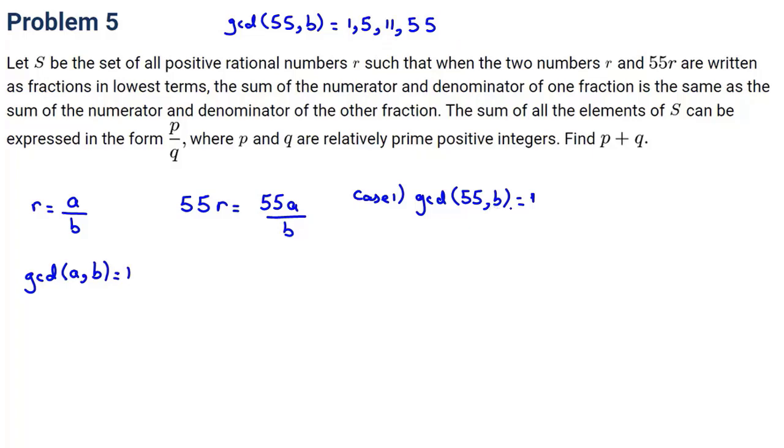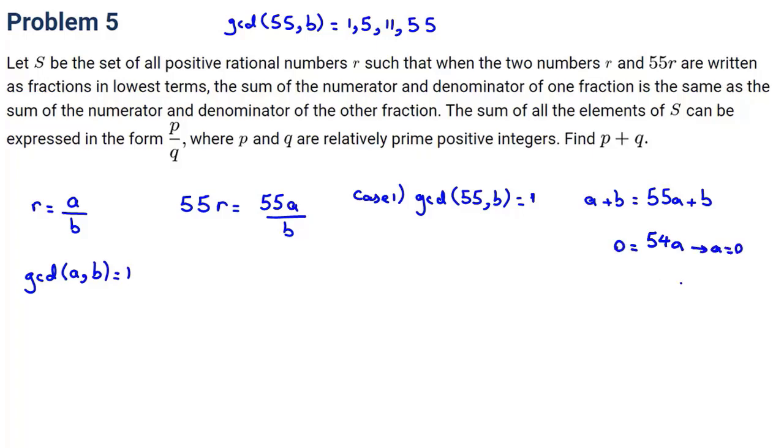In case 1, if GCD of 55 and B is 1, then 55A over B is in lowest terms. The sum of numerator and denominator should be equal for R and 55R. So for R it is A plus B, for 55R it is 55A plus B. So here B will be cancelled, and if we simplify, 54A equals 0, so A equals 0.